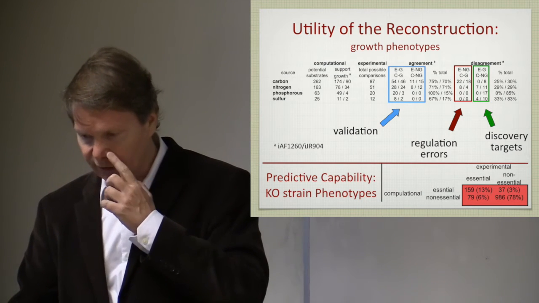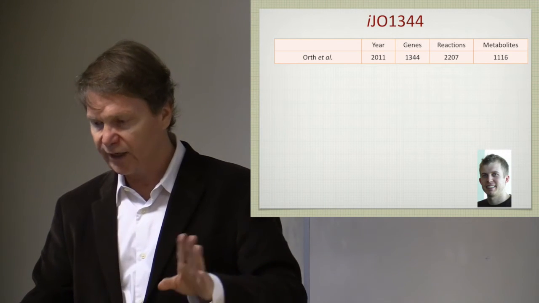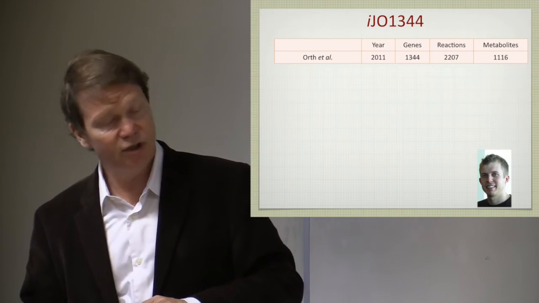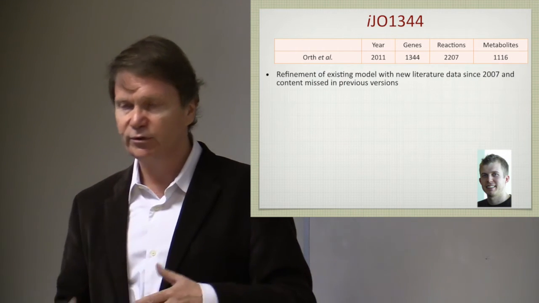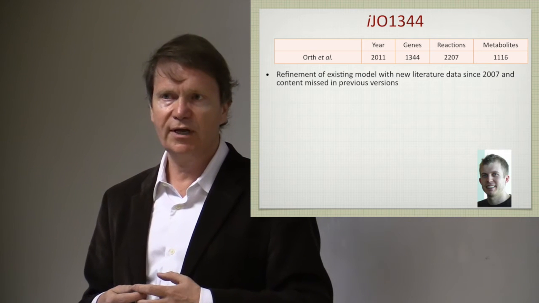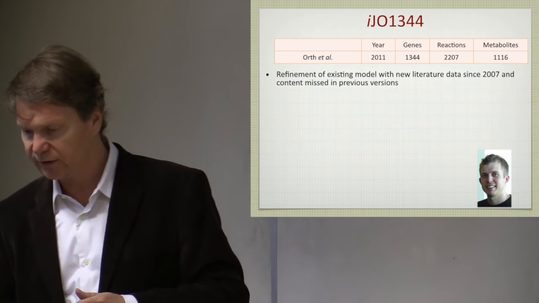So this process continued. Here is Jeff Orth, who published a reconstruction with what ended up being 1,366 genes, not 1,344. He kept accumulating published papers after Adam's reconstruction, and I'll show you a graph of that in a moment.